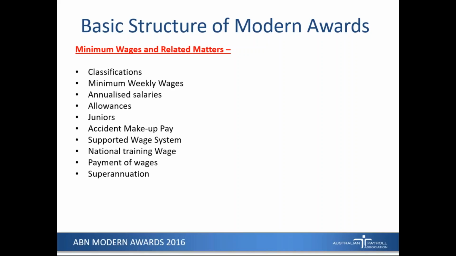Sometimes your classifications are in there, sometimes, as I said, they're in a schedule with a whole long description at the end of the award. But under minimum wages and related matters, the main things that are covered are your classifications, your minimum weekly wages, your annualised salaries, allowances, payments to juniors and stuff like that.